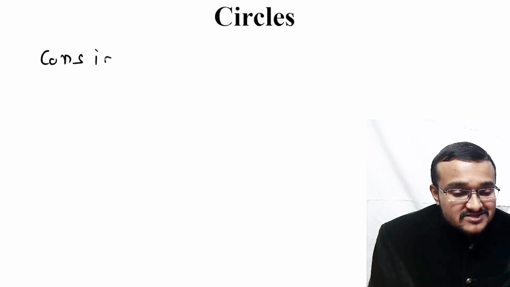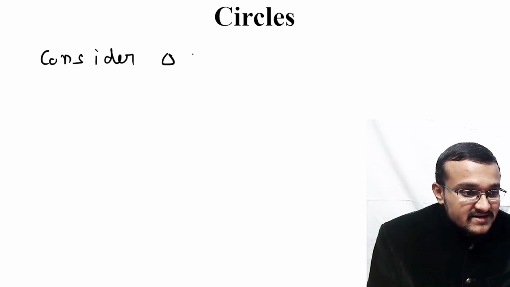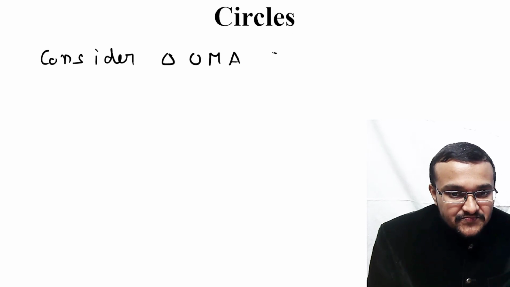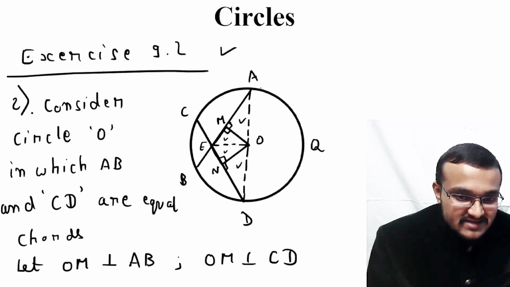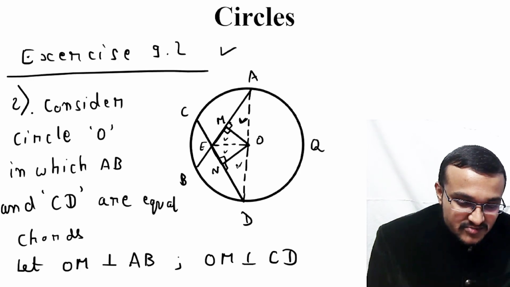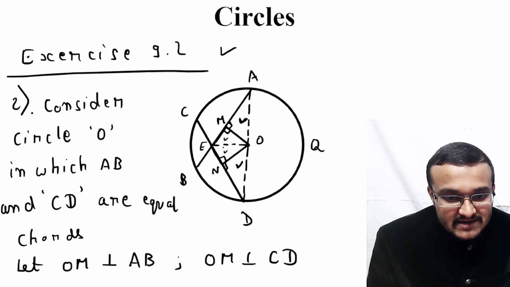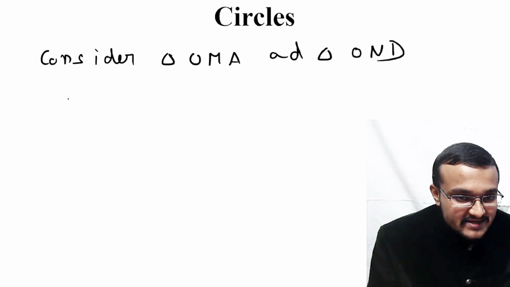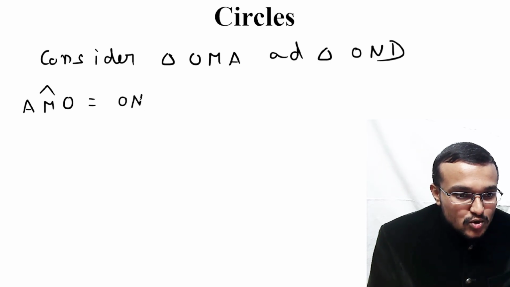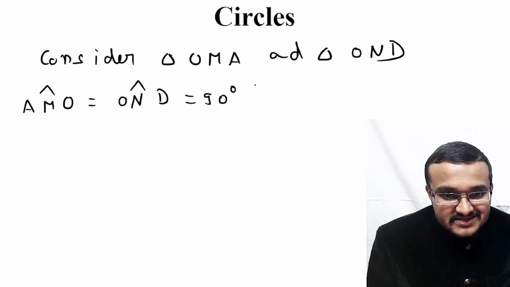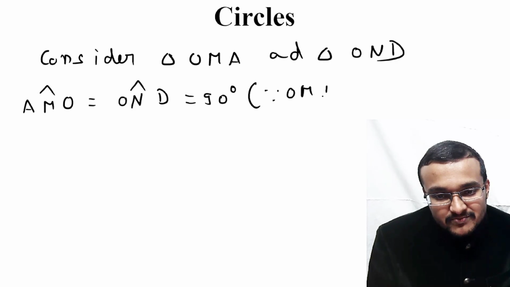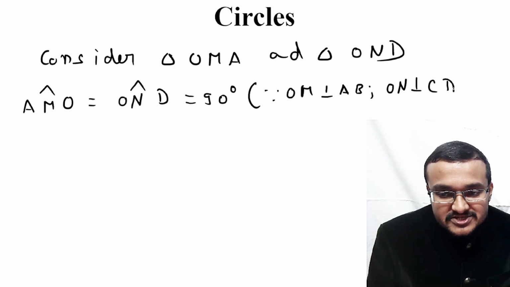Now we will consider triangle OMA and triangle OND, in which angle AMO is equal to angle OND, which is equal to 90 degrees. This is because OM is perpendicular to AB and ON is perpendicular to CD.